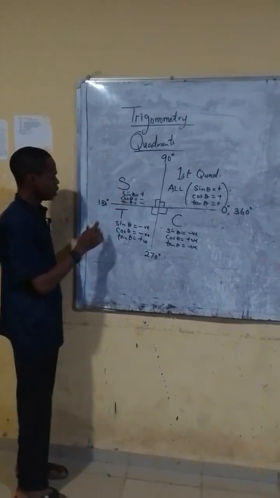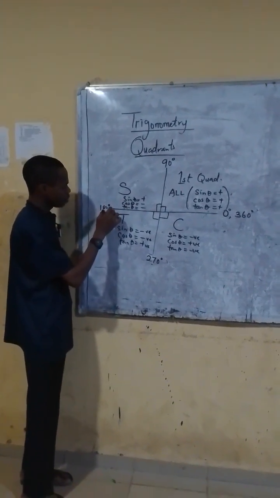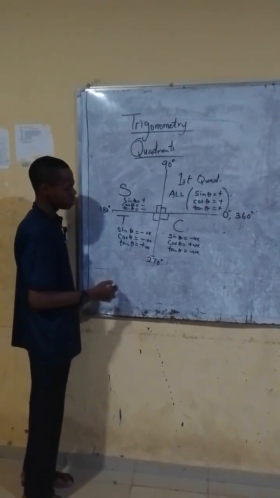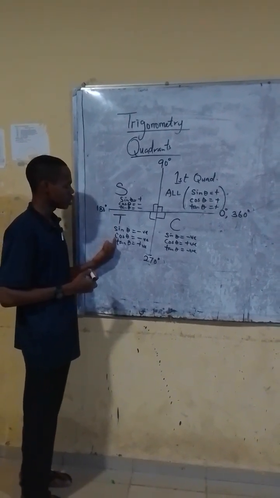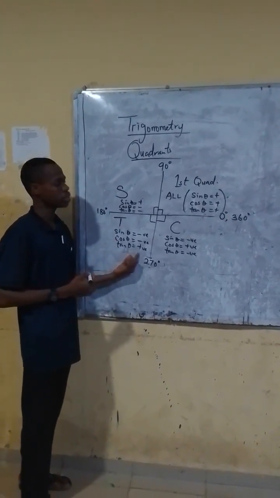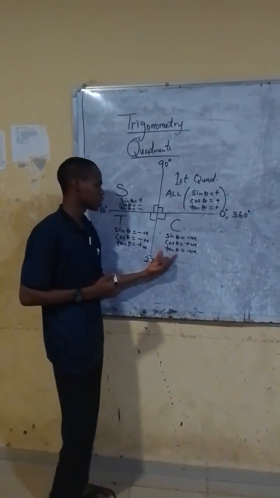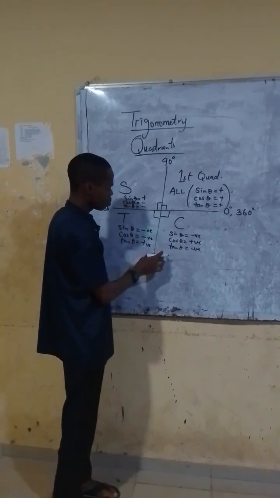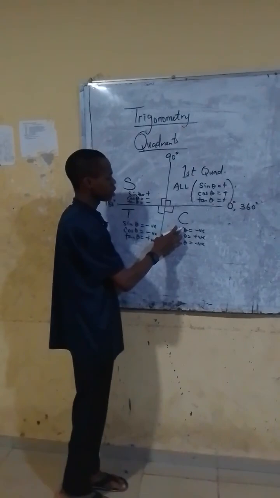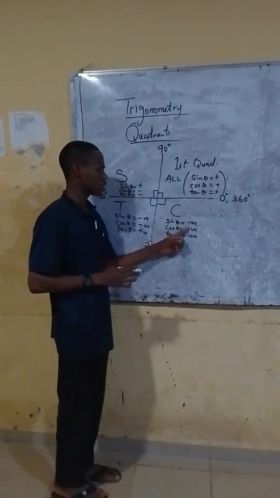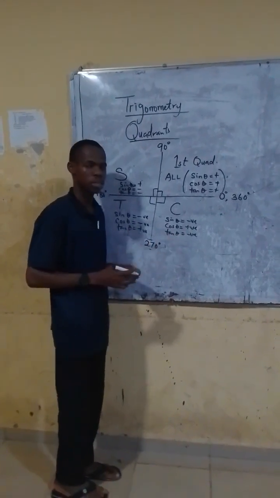For any angle from 180 upward to 270, sine will be negative there, cos will be negative, but tan will be positive. And then for this last quadrant, any angle from 270 to 360, sine is negative here, cos is positive, and tan is negative.